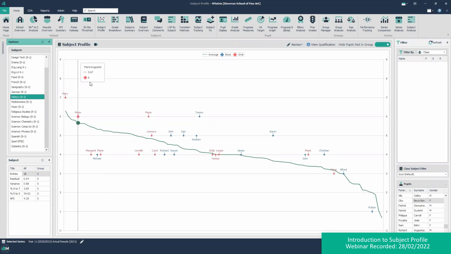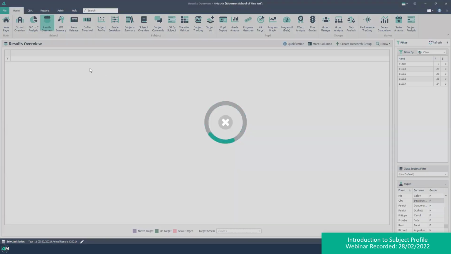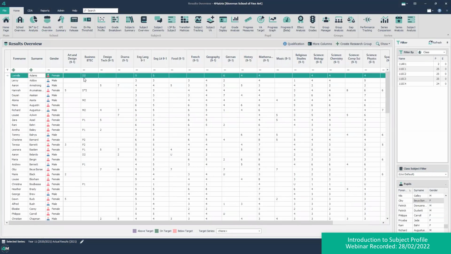And if we look at the results in a series for Laurel Adams, so you can see here she's got a selection of results. We can use those results to calculate the residual.